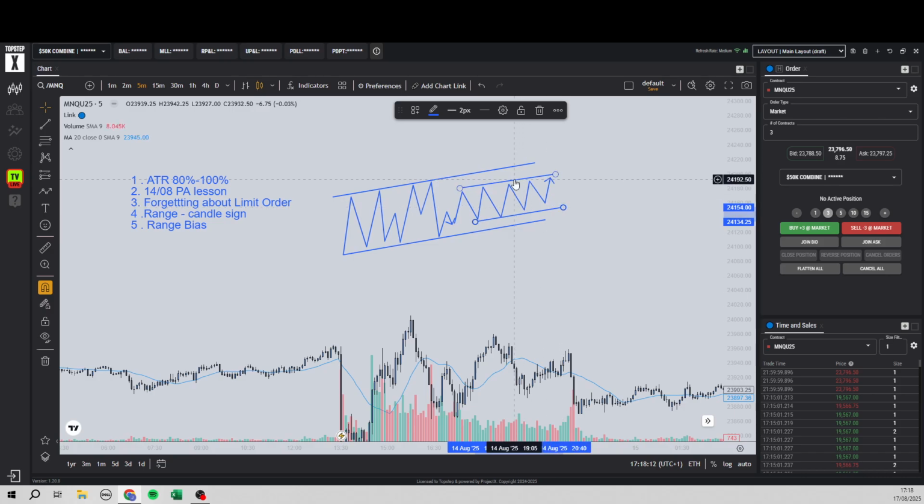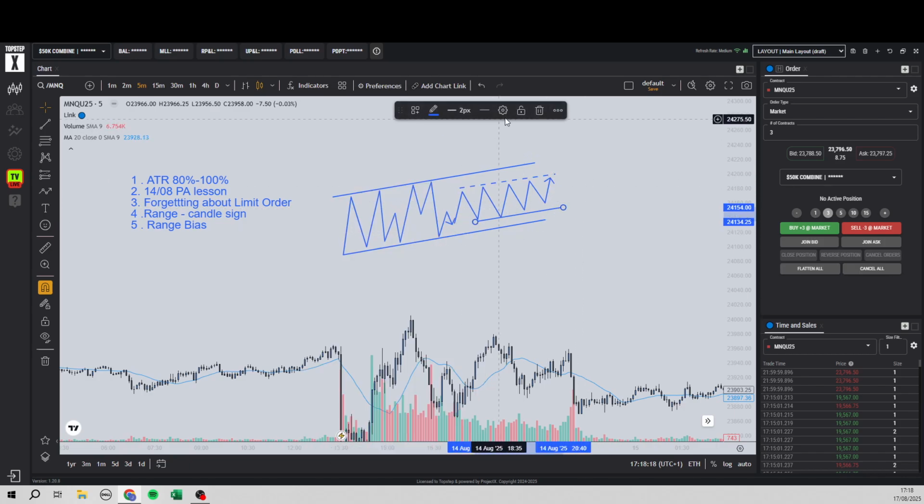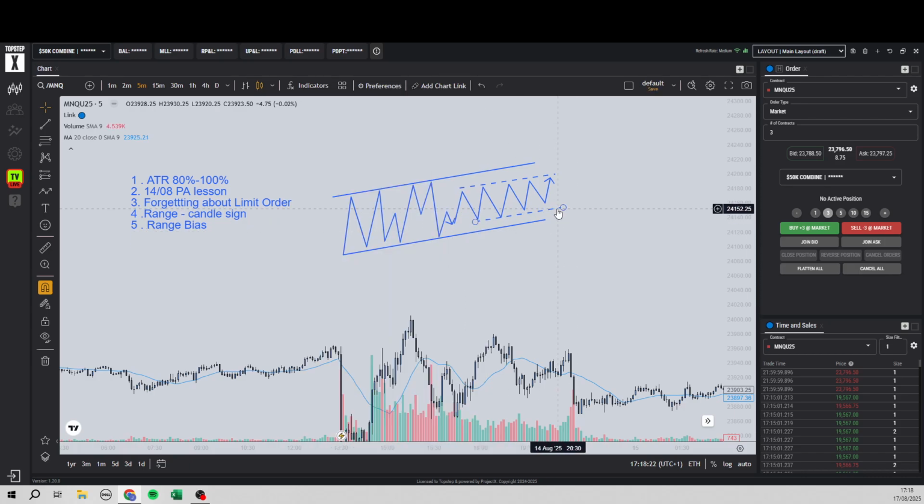The range essentially shortened itself. Let me just do this. This is what I would call the new active range. We had this big range going on here, but then we started getting a shrink of this range, and we started to see new support and new resistance, hence creating a new range like this.